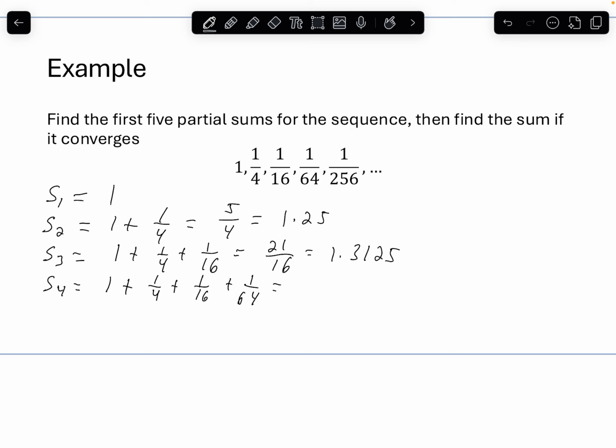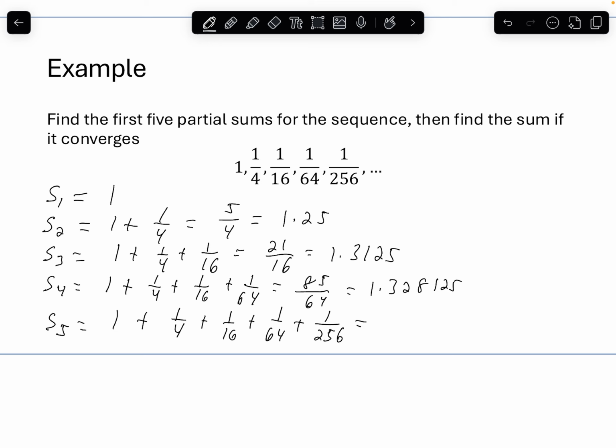And that one is 85/64 as a fraction, or as a decimal, 1.328125. And the last one, the fifth partial sum, this is 1 plus a fourth plus a 16th plus a 64th plus a 256th.